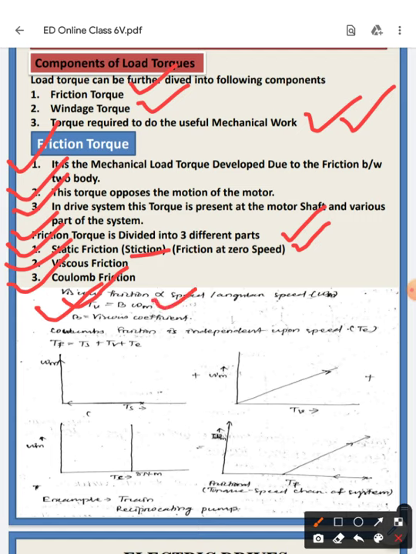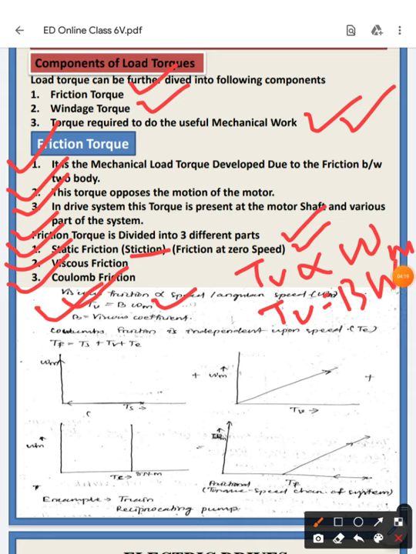So that means viscous frictional torque TV is proportional to the angular speed, and we can write TV is equal to B into omega m. Okay, so B is the constant here, which is known as the viscous coefficient.